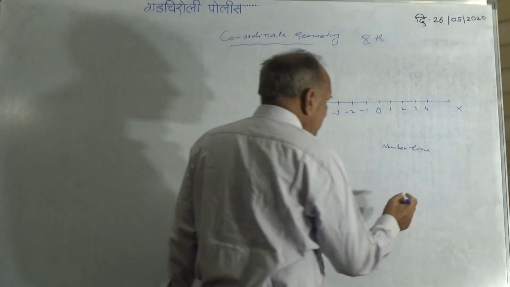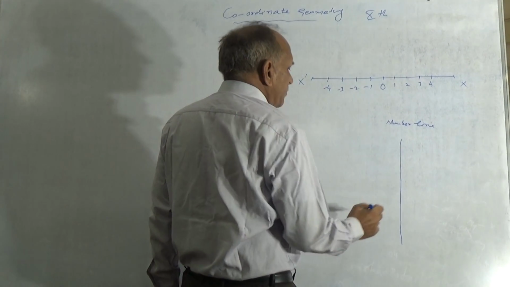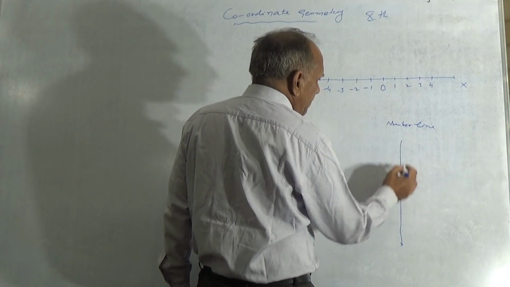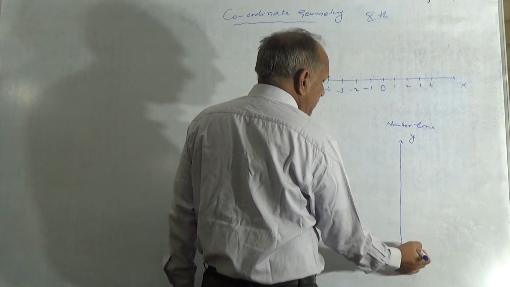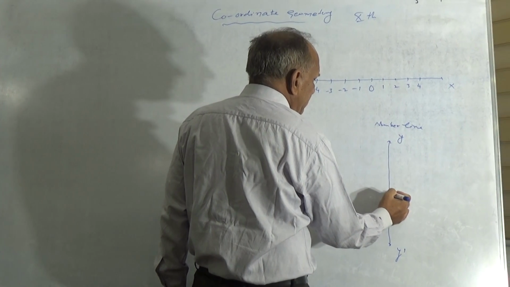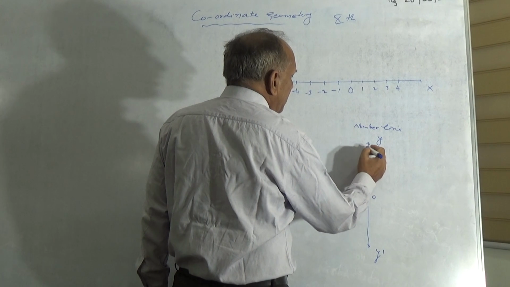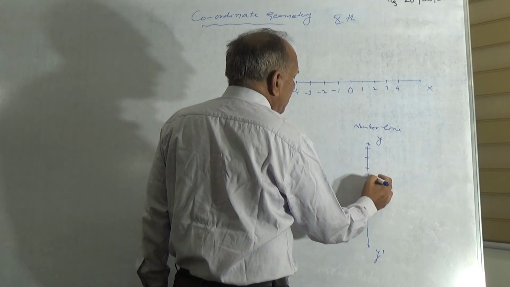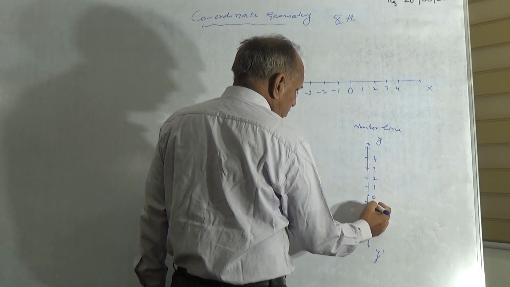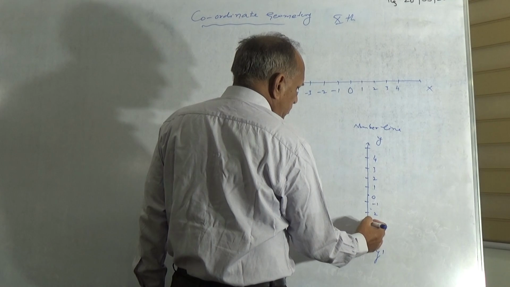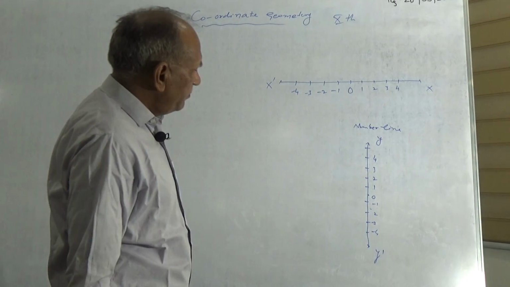And we also draw another number line, YOY'. These are the numbers 1, 2, 3, 4, and downward -1, -2, -3 and -4.